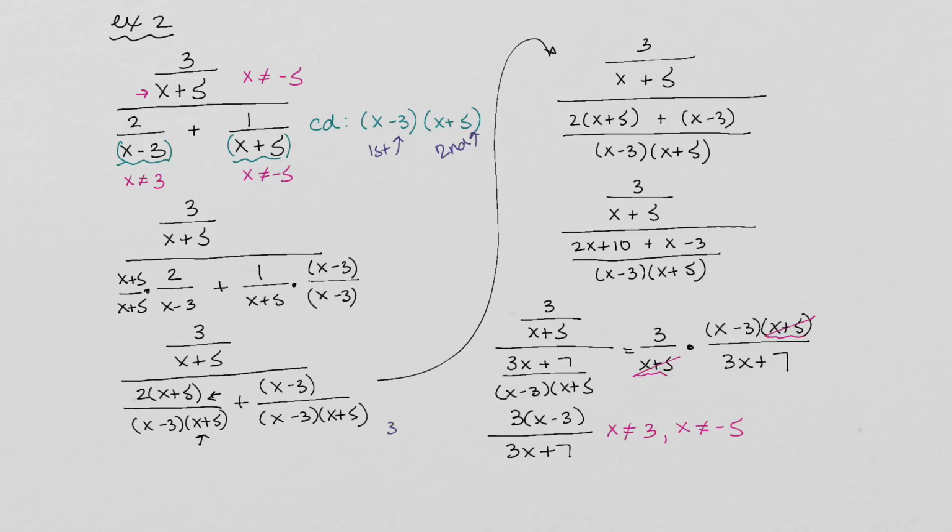So I need to say, where would 3x plus 7 be 0? And that's where x is negative 7/3. And so that is part of our excluded values as well. X cannot be negative 7/3. And that is your answer. All of it.